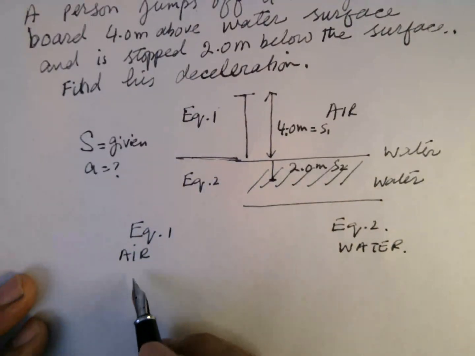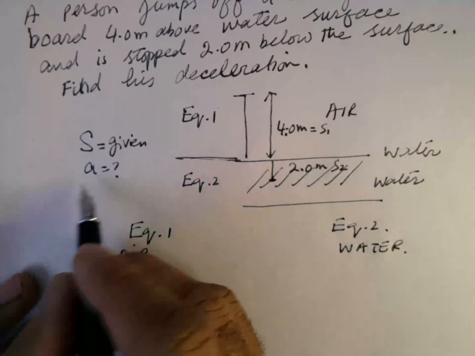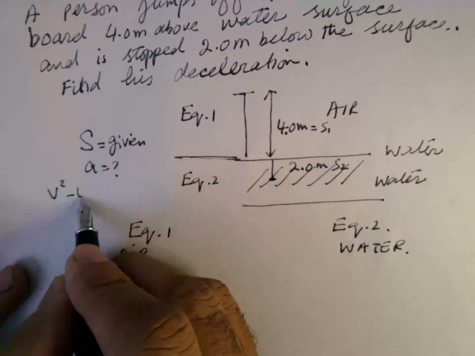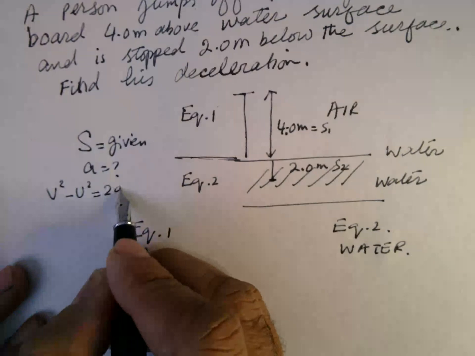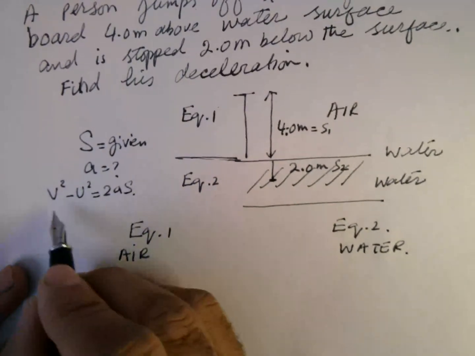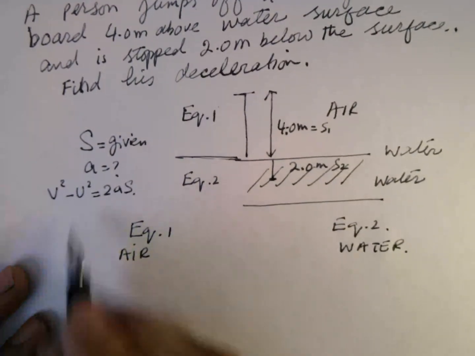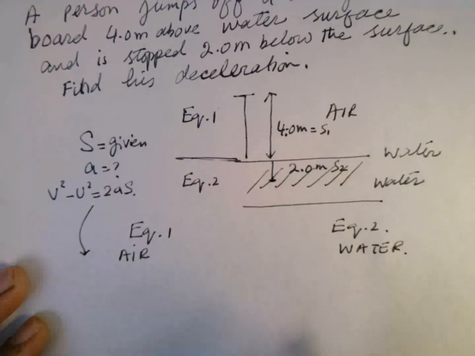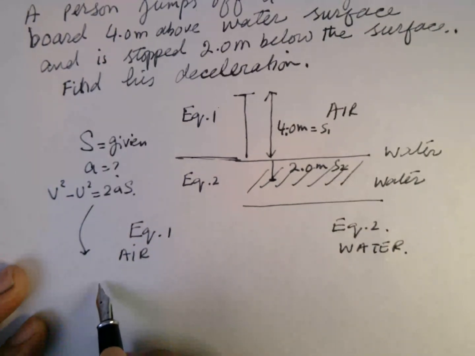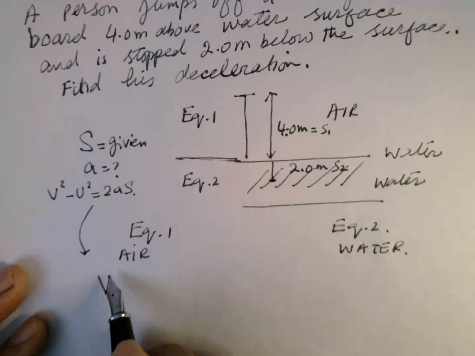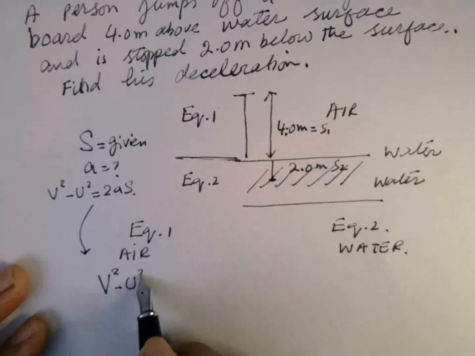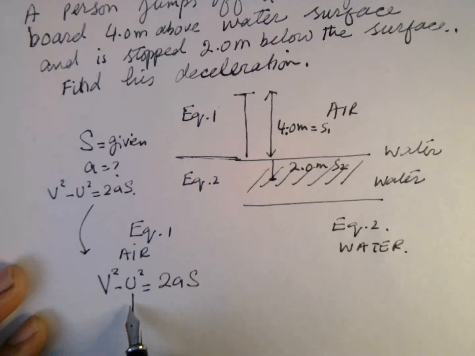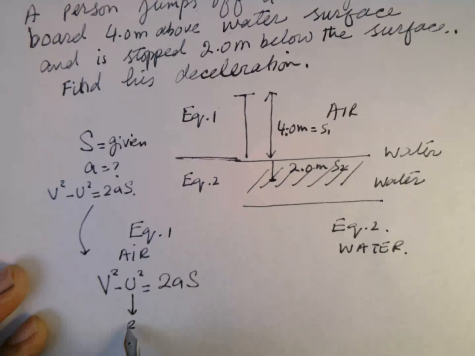Here we will use v square minus u square is equal to 2as. This is the equation. So v square minus u square is equal to 2as. Initial speed is 0.